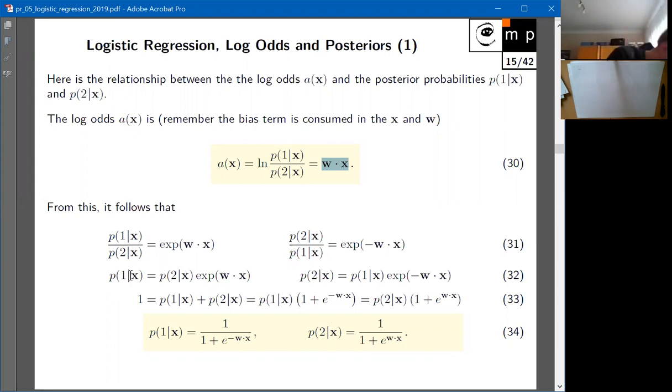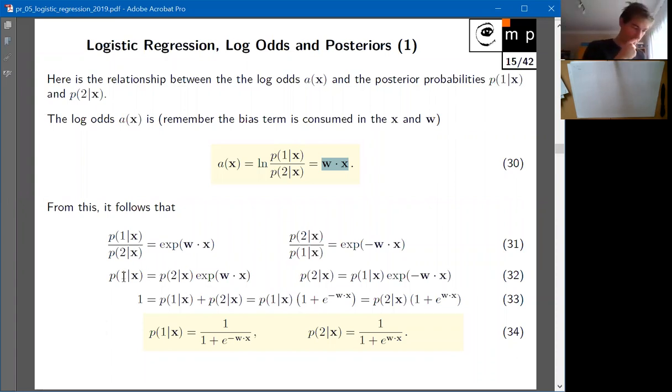And now add these two equations together. So class 1 given x plus class 2 given x must be 1. There's nothing else. And that's equal to these. We substitute from 32, and in the end, we get this. Okay, how did the two equations get together?